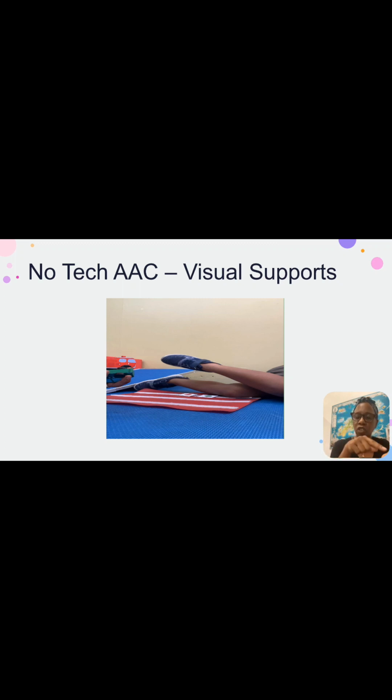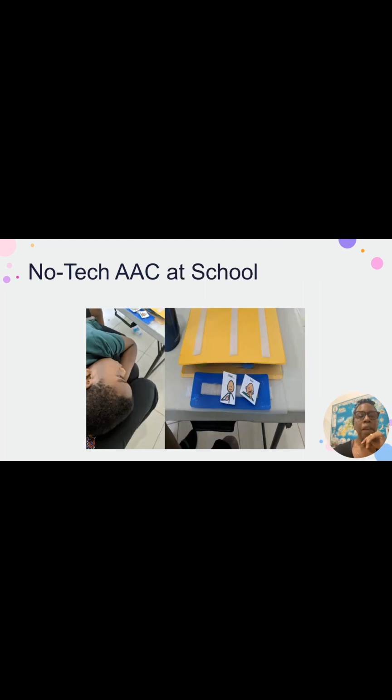Here is another one. It's this little guy. He is at school, and that is a communication binder I made for him, and on it he has two visuals. It says, "I feel tired," and he's laying down on his teacher's lap. This little guy does not use many words, but he uses his visuals really well to say what he wants.